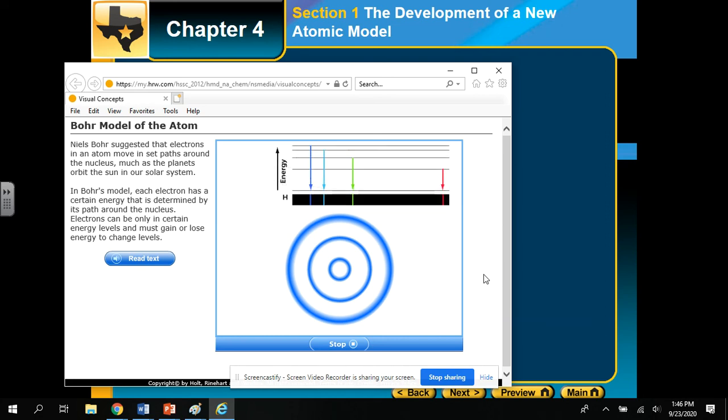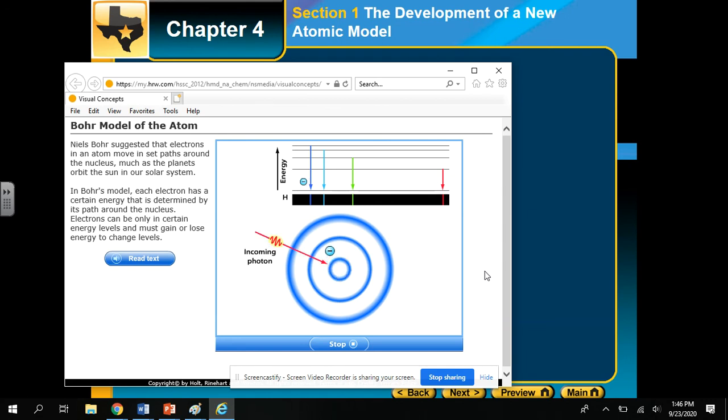The Bohr model introduced the idea of quantized energy states for electrons in atoms. In the Bohr model, the electron moves in circular orbits about the nucleus. According to the model, the electron can circle the nucleus only in allowed paths or orbits. When the electron is in one of these orbits, the atom has a definite, fixed energy.